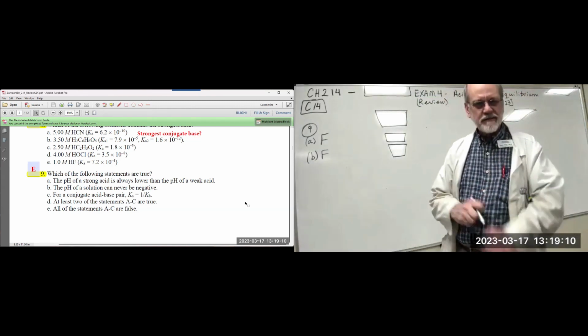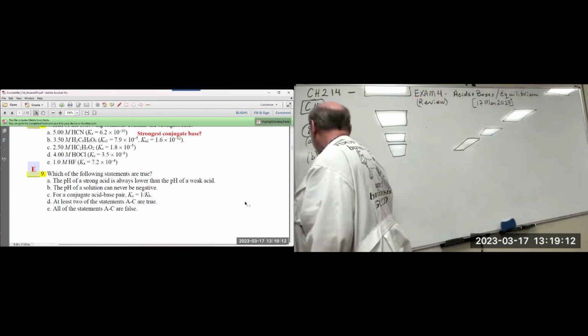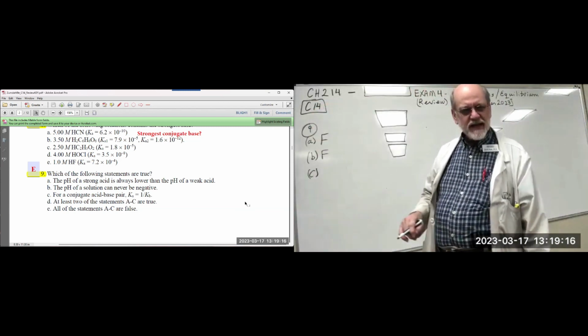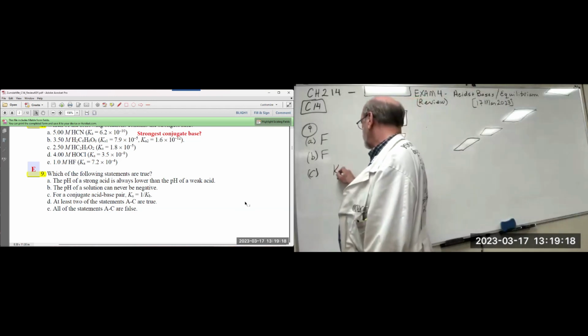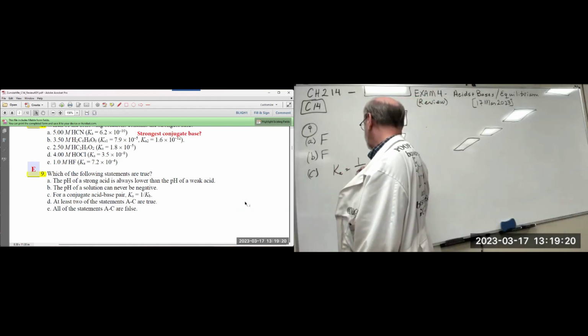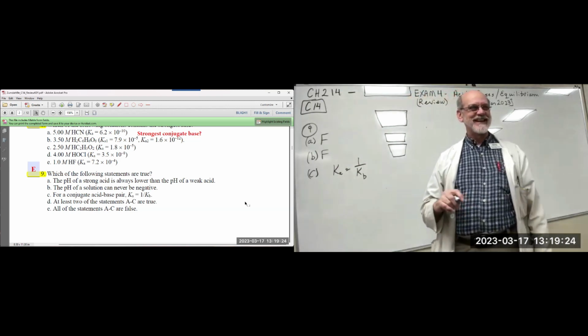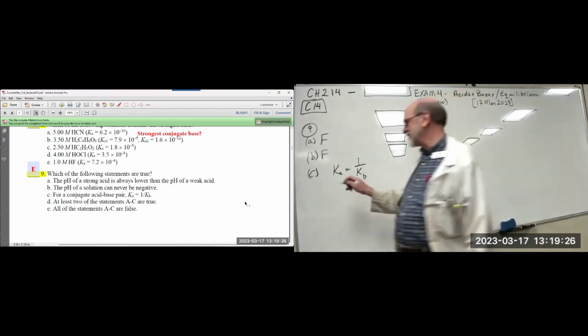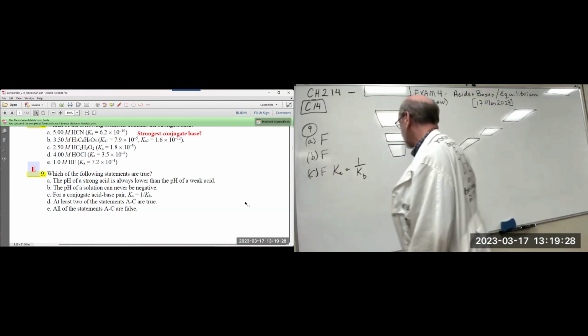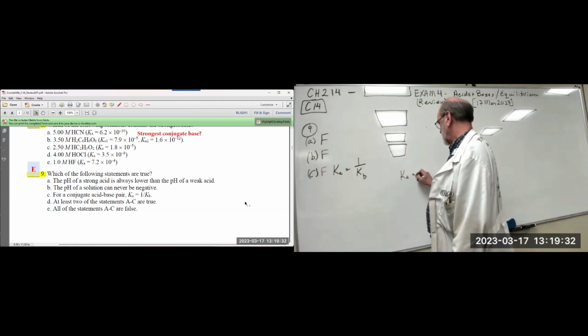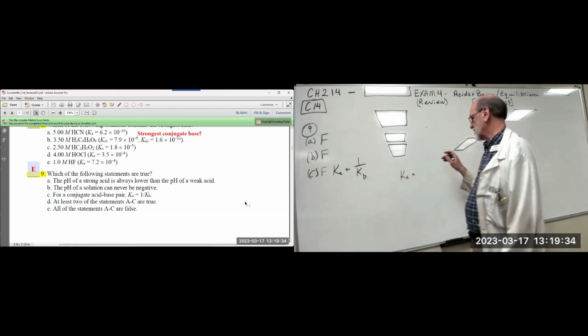How about C? Let's see. C says Ka equals 1 over Kb. Is that true? I don't think so. No. What is Ka if we know Kb? Let's see.